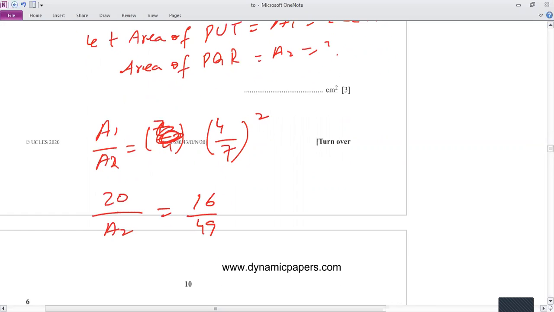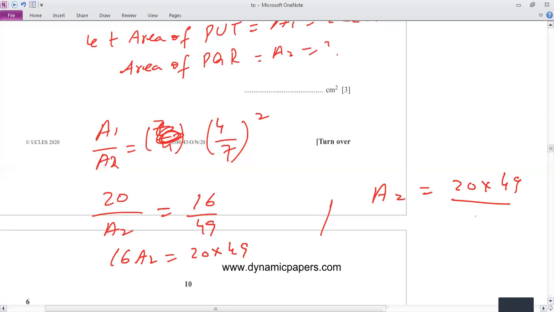Cross multiply: 16 A2 is equal to 20 into 49. So A2 will be 20 into 49 over 16. Calculate this, please. 61.25.